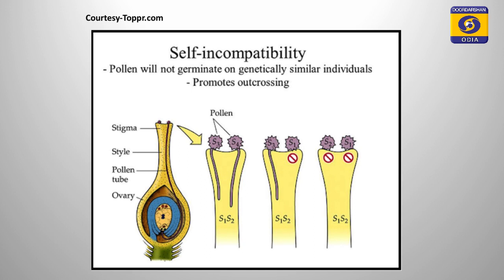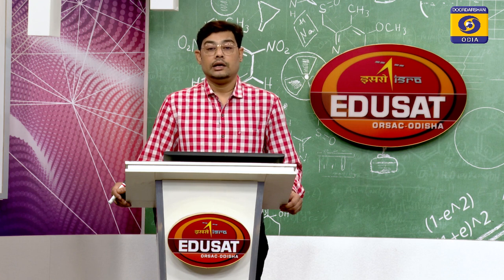Here you can see when S3 and S4 fall on the stigma, it becomes receptive, pollination takes place and fertilization takes place. But when the same genotypes fall on the stigma, the pollen pistil interaction is not seen and self incompatibility is seen.